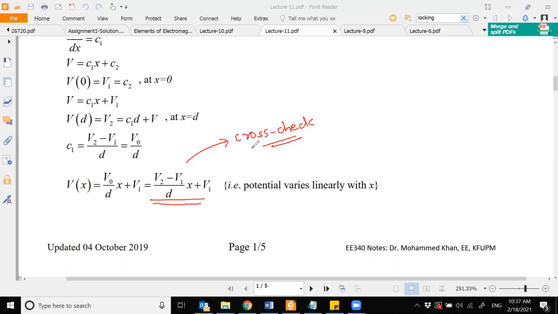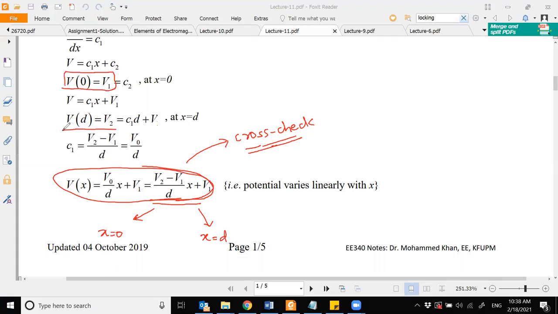Okay, Abdul Malik, you raised your hand. Yes, doctor, we can substitute x with 0 and x with d. Exactly. Because we got this expression of V of x by using these two boundary conditions, once we get this answer, to cross-check, you can put the boundary conditions back into your answer.